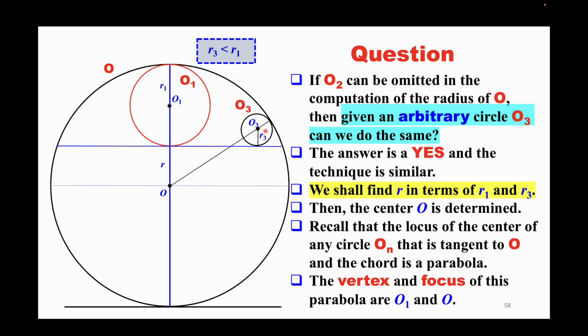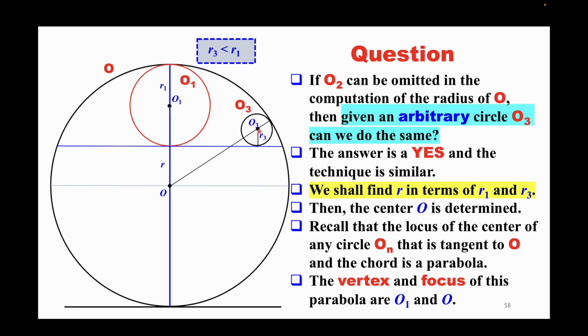The answer is yes. If we could find R, we are able to find the location of O, because we have 2R1 here, and the distance from the midpoint to the center is R minus 2R1.